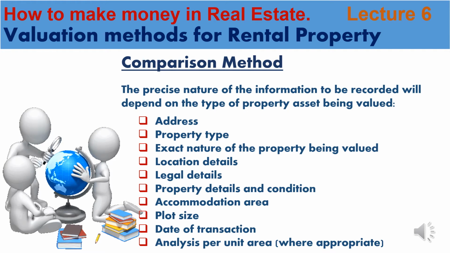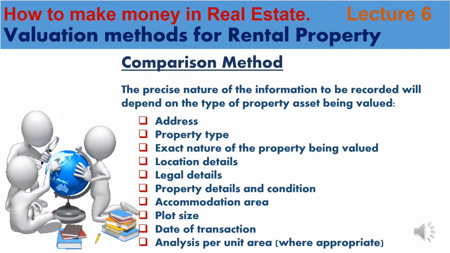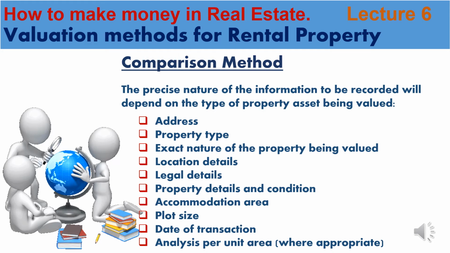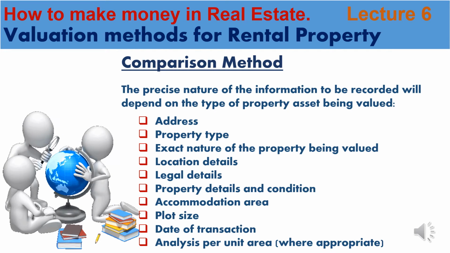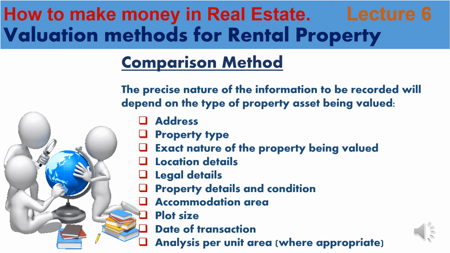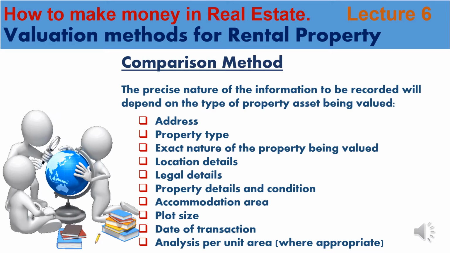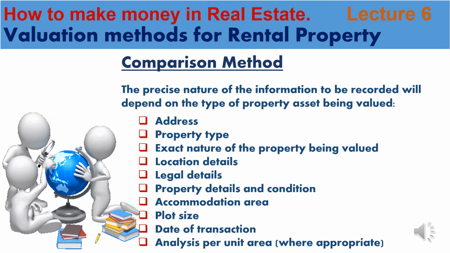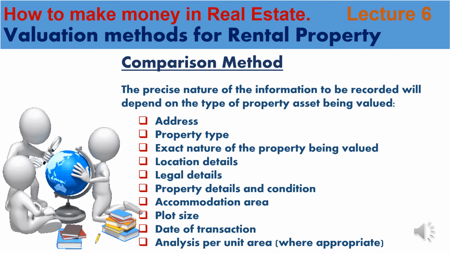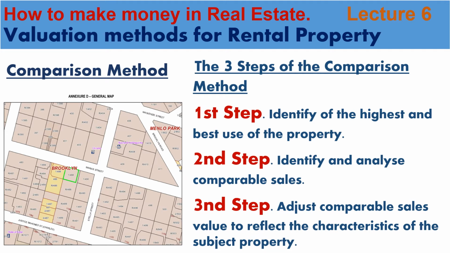Property details, brief description, specification, condition and any other relevant attributes. That is, energy efficiency may be a material issue in some sectors or markets. Accommodation, area, including method of measurement, plot size, date of transaction, analysis per unit area, where appropriate.